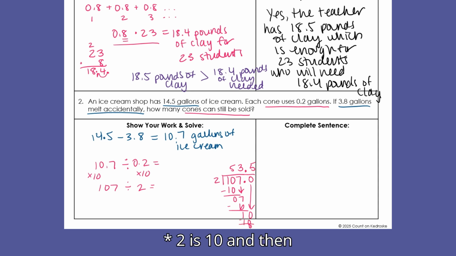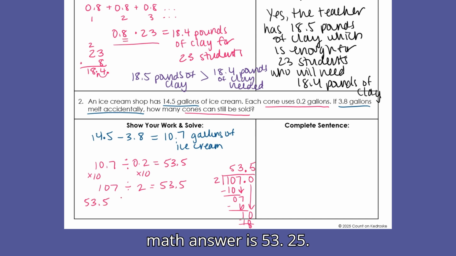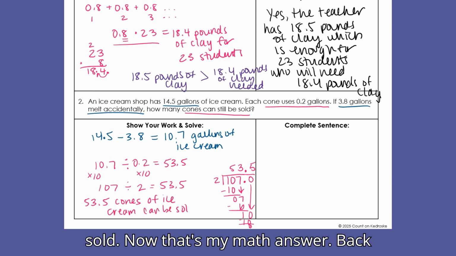And then I'm left with 0. So 107 divided by 2, or 10.7 divided by 0.2, either way the answer is 53.5. So my math answer is 53.5 cones of ice cream can be sold.